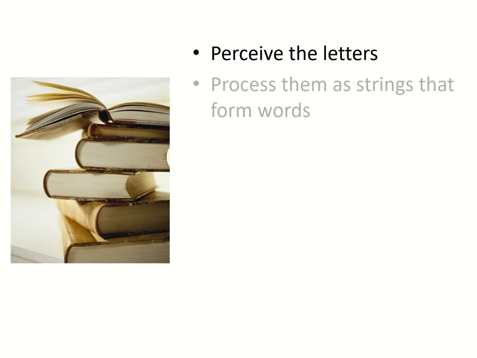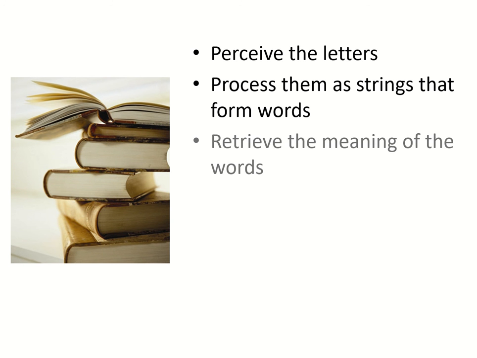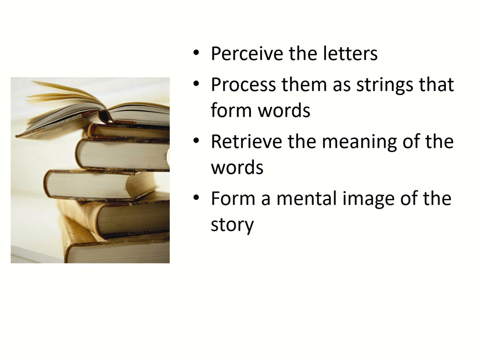Then you need to somehow make sense of them as strings that are connected to each other that then form words. Once you know what the words are, you then have to retrieve the meaning of those words. Once you have the meaning of the loose words, now you have to make some sort of mental image of the story as a whole to make sense of what the author is actually talking about.